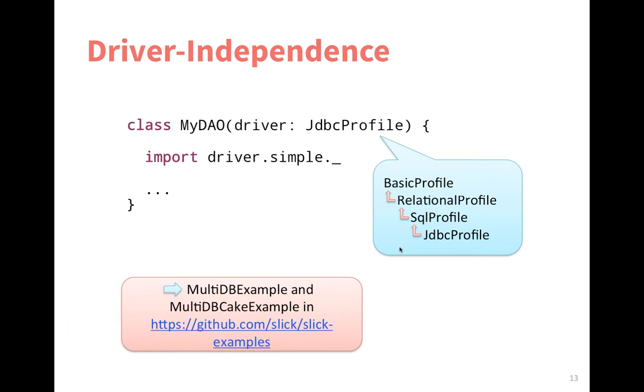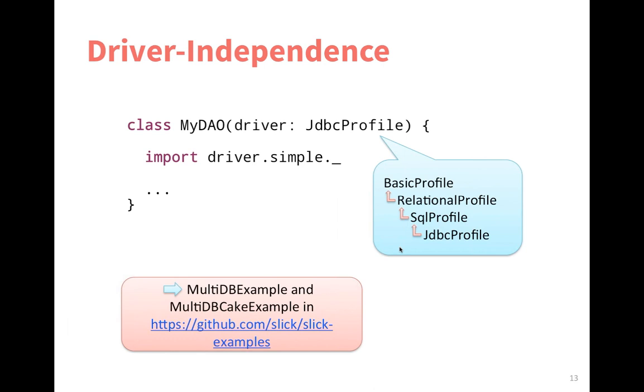And new in Slick 2.0, we have a proper driver hierarchy. Previously, we had a basic profile and an extended profile, and they were both JDBC based and were pretty much the same. So we just unified them into JdbcProfile. We also have an SqlProfile on top of that, which assumes that you use SQL for querying, but does not assume that you have a JDBC-based database.